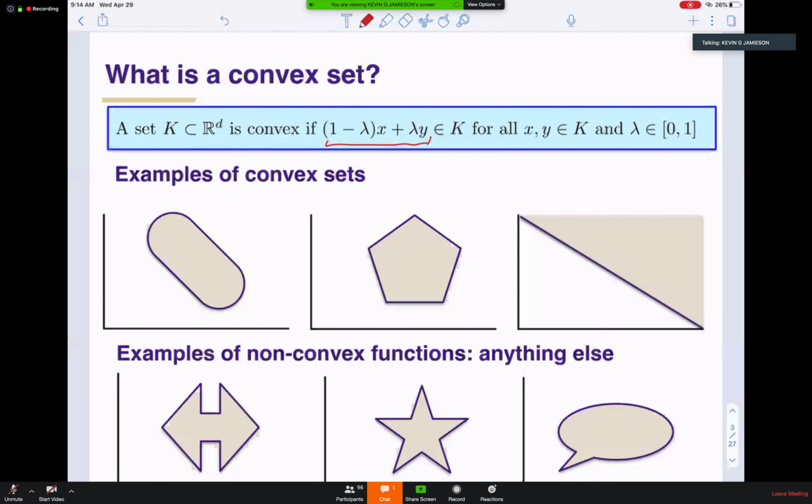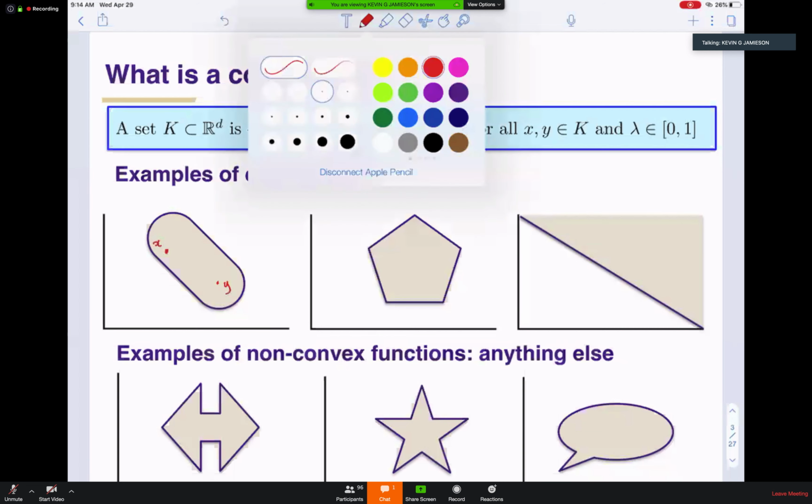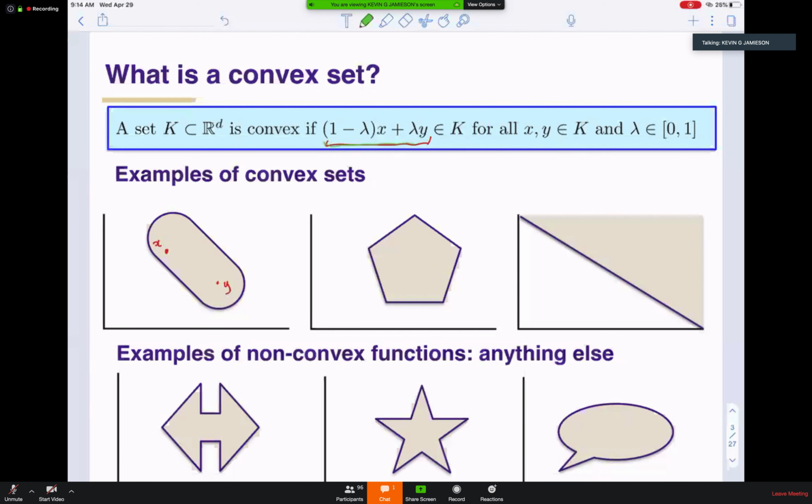So the picture here is if you have x here and y here, then for any lambda between 0 and 1, that basically defines this line that is between them.